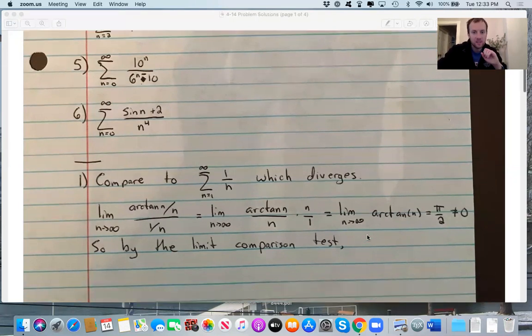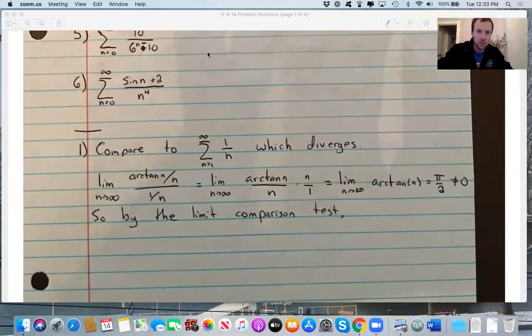And I somehow left out the conclusion here. But what we get to say is, by the limit comparison test, this line here says this is a good series to compare our original series to. This limit being a finite non-zero number says they're not the same, but they're kind of off by roughly a multiple of pi over 2.